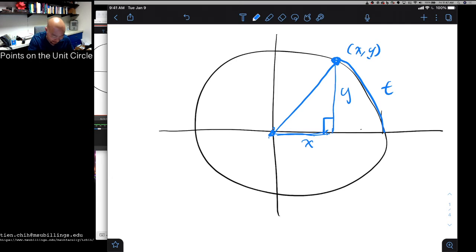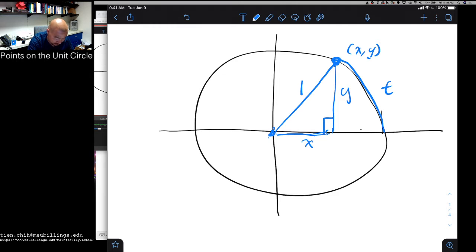We have one very, very important piece of information, and that is that because this point xy lies on this unit circle, its distance from the origin is 1, right? The distance from the origin for all the points along this thing is always going to be 1 because that's what the unit circle is.